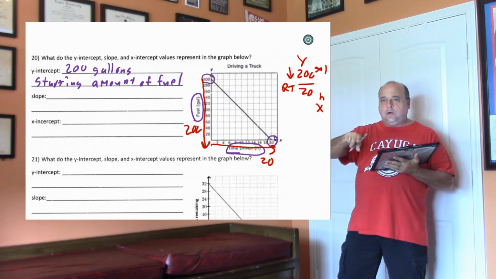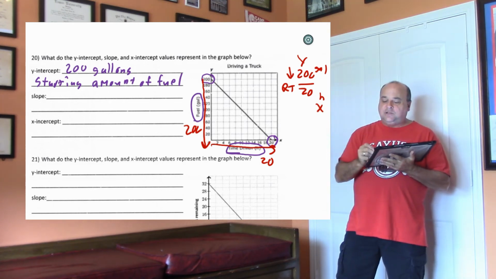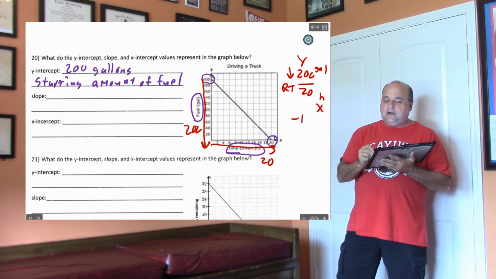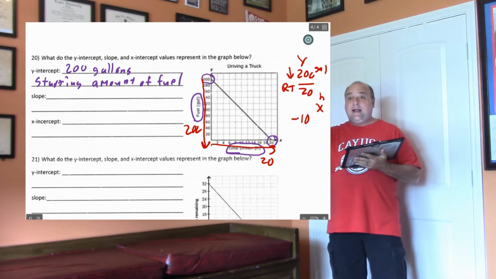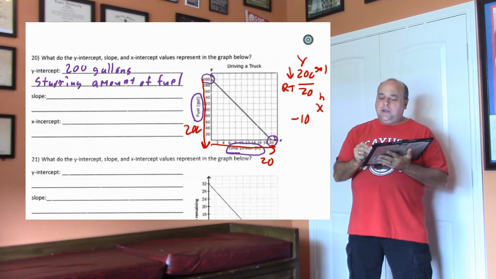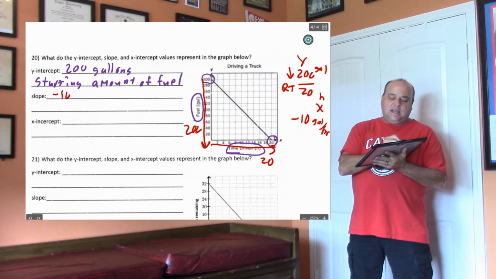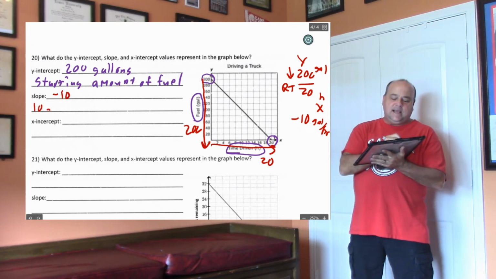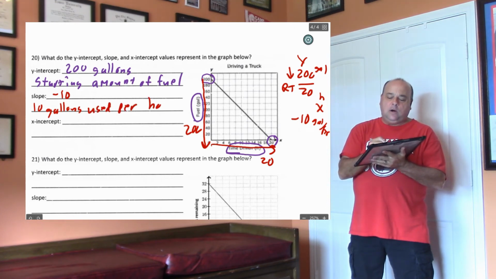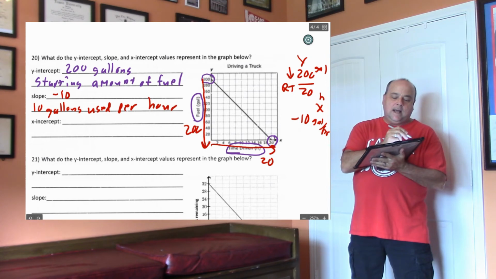That would simplify to -10, wouldn't it? Since it's going down, it's negative, which means I'm using 10 gallons per hour, aren't I? So your slope is -10, and it represents 10 gallons used per hour.